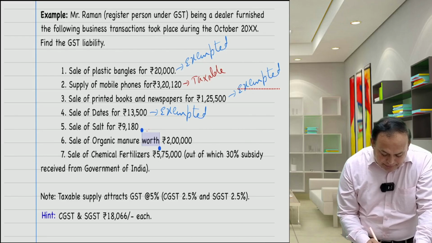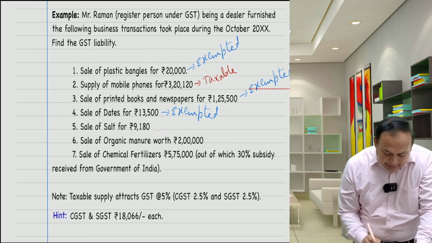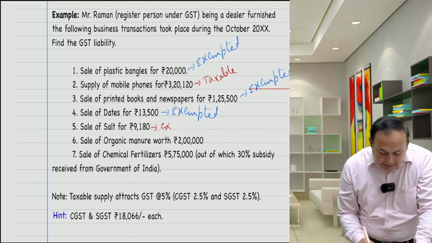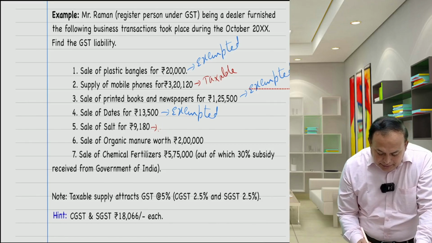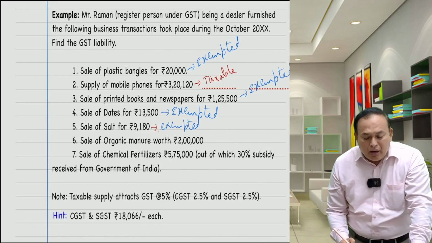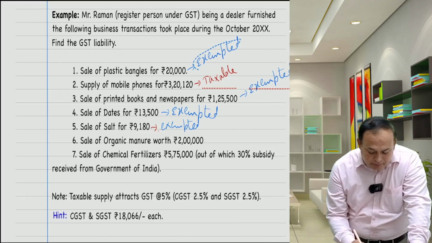Yes. Sale of organic manure worth rupees 2 lakhs. Exempted. There you are.